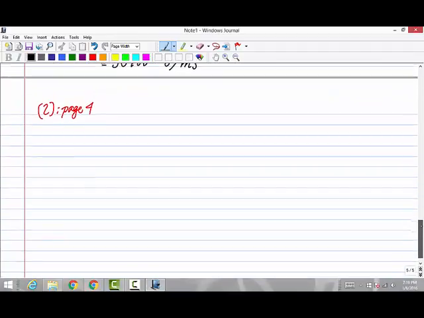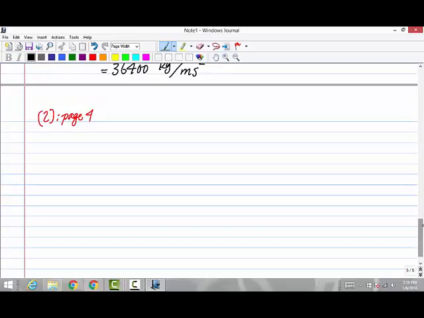Okay, now we're back. We know that 1 Newton equals 1 kilogram meter per second squared.